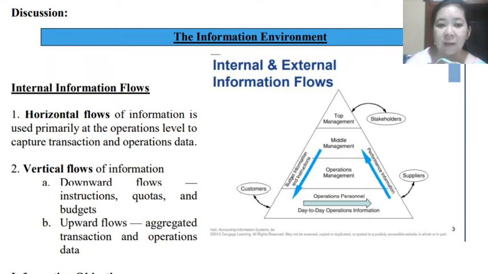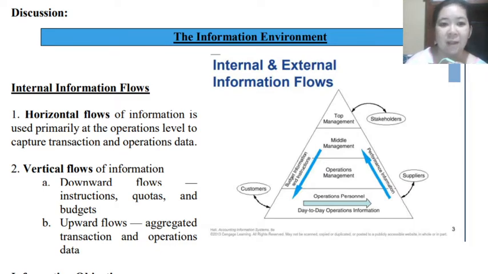Here, we can have an example of a certain division reporting on their performance for a certain period to the top management. This will be used for decision making of the management, or even to evaluate the performance of such division.